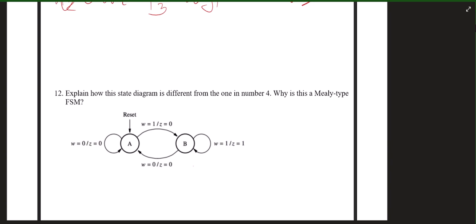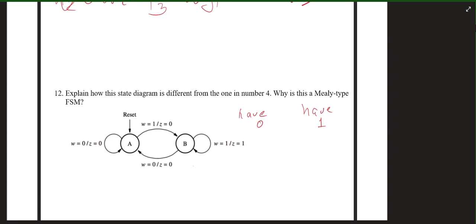So let's see what this says. This is saying if I'm in state A and I get a 0, I go back to state A. If I'm in state A and I get a 1, I go to state B. Now, if I get a 0, I go back to A, which means I have a 0.